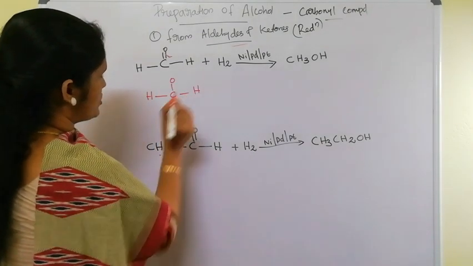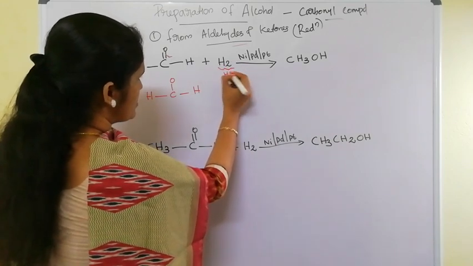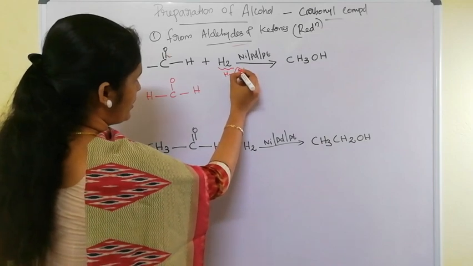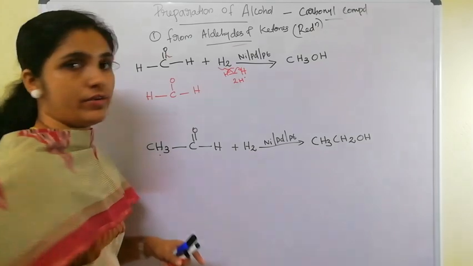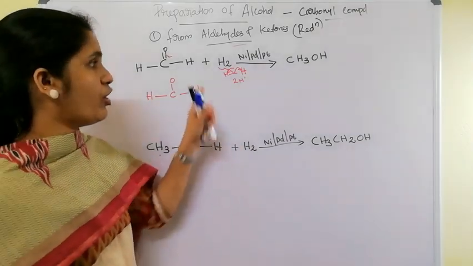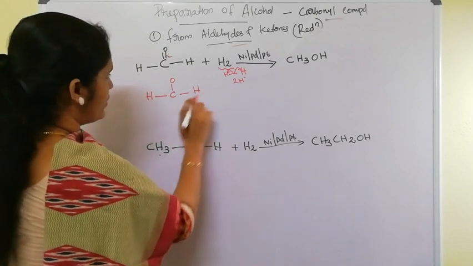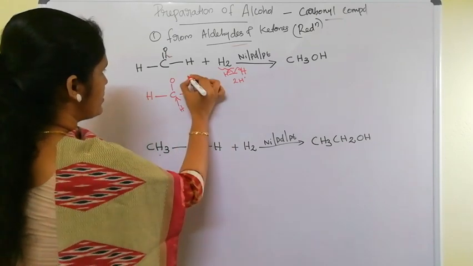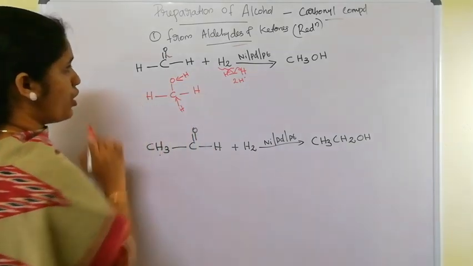And the adding hydrogen molecule, it splits up into what? It undergoes homolytic cleavage, and we will get two hydrogen radicals. One of the hydrogen atoms is coming to this carbon, and the other hydrogen atom is attached to this oxygen.